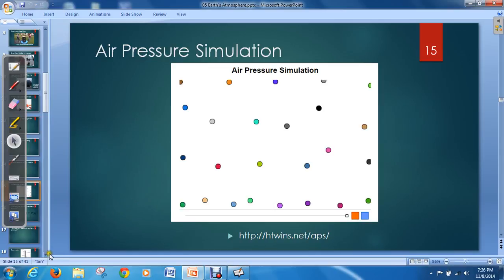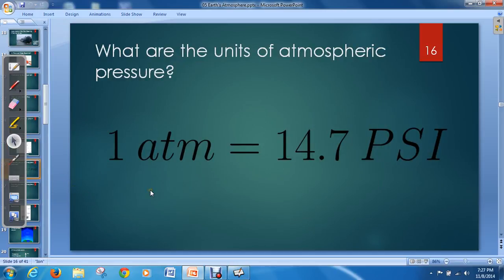And then we talked about atmospheric pressure, what it is actually measured as. So 1 atmosphere, this is the unit they use, or basically the pressure of the atmosphere, equals 14.7 psi, or pounds per square inch.